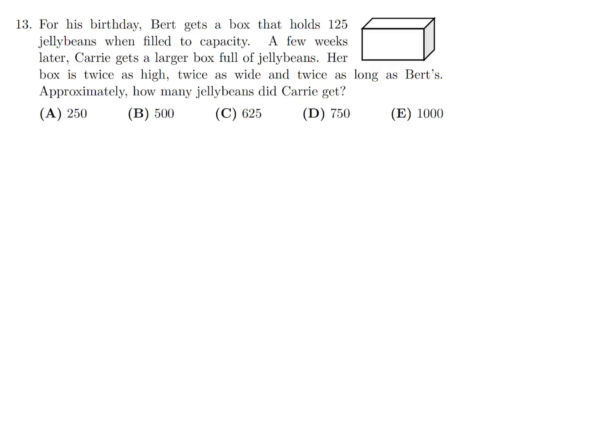So a box like that, the volume is length times width times height. And they're saying that the volume for Bert is 125 jelly beans. I'm assuming they've been packed in a way so that there's no empty space. Now they're saying you have Carrie.